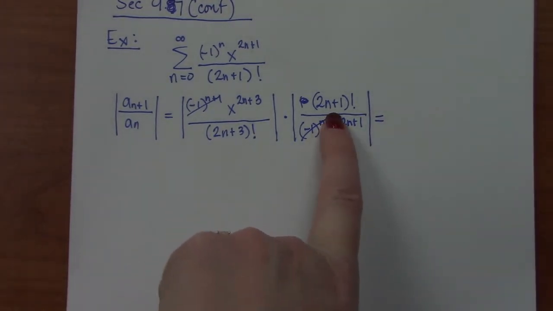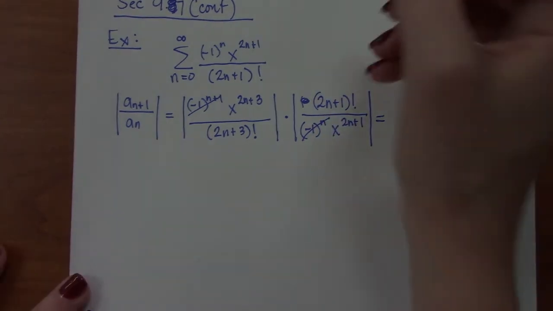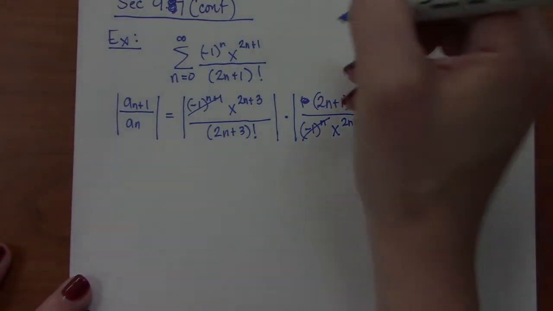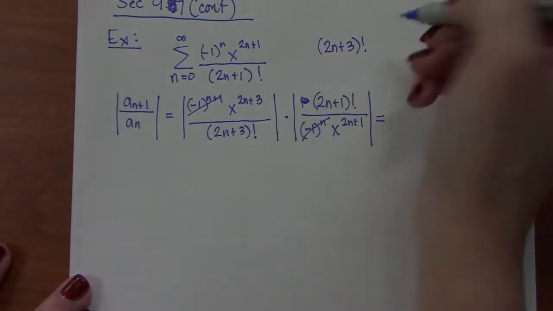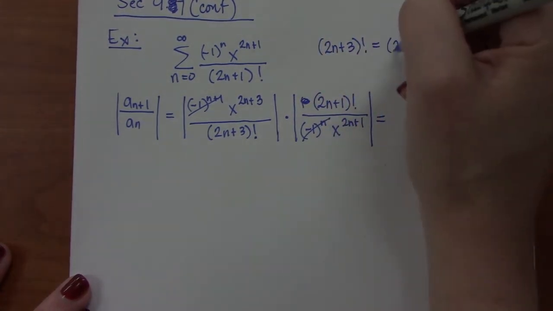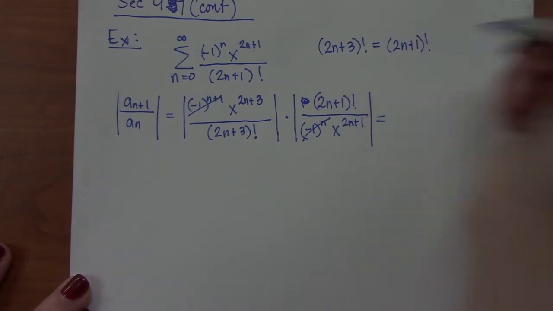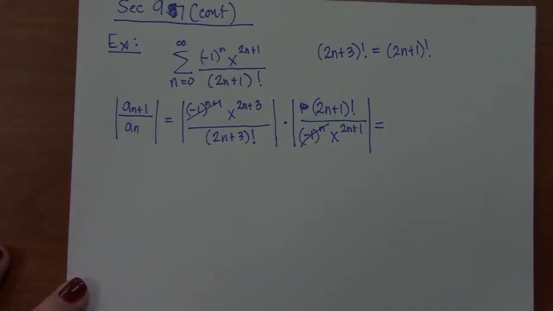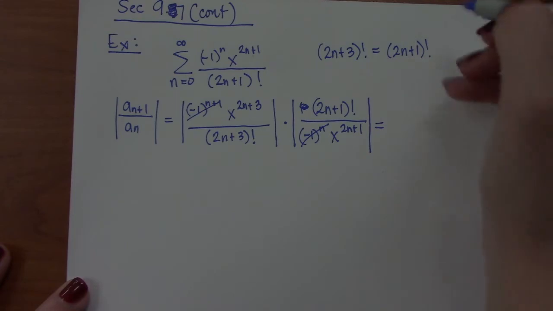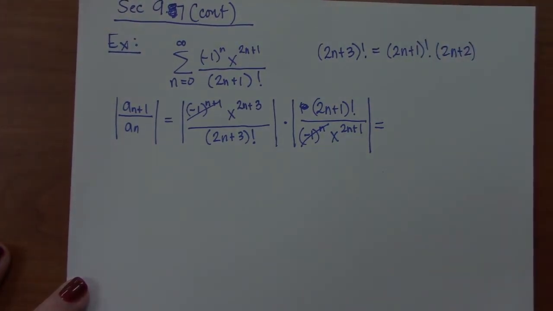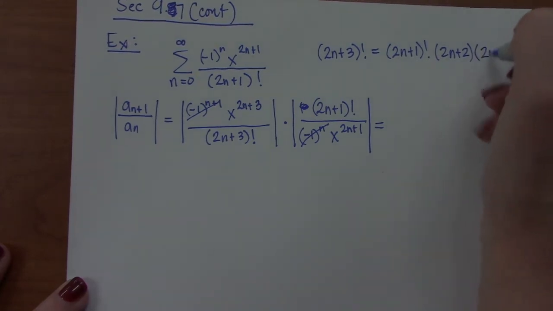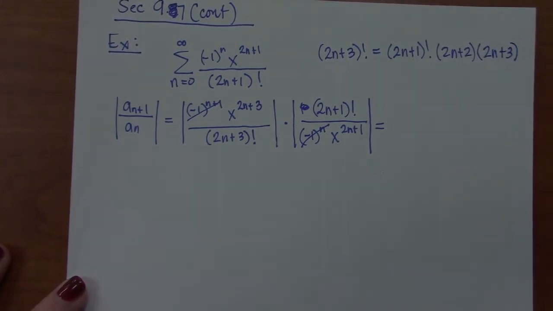So 2n plus 1 factorial, compared to 2n plus 3 factorial. The 2n plus 3 factorial says multiply the first 2n plus 1 numbers, but then the next number on the number line is 2n plus 2 because they count up by 1. And remember, in factorials you're not allowed to skip any digits. And then we get 2n plus 3.